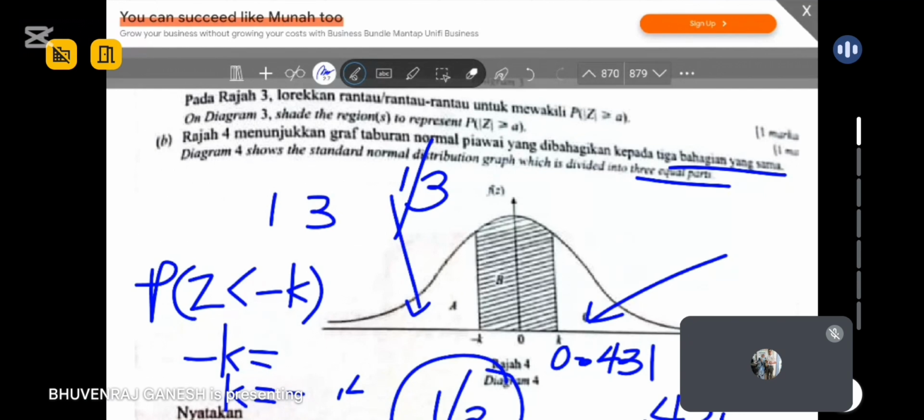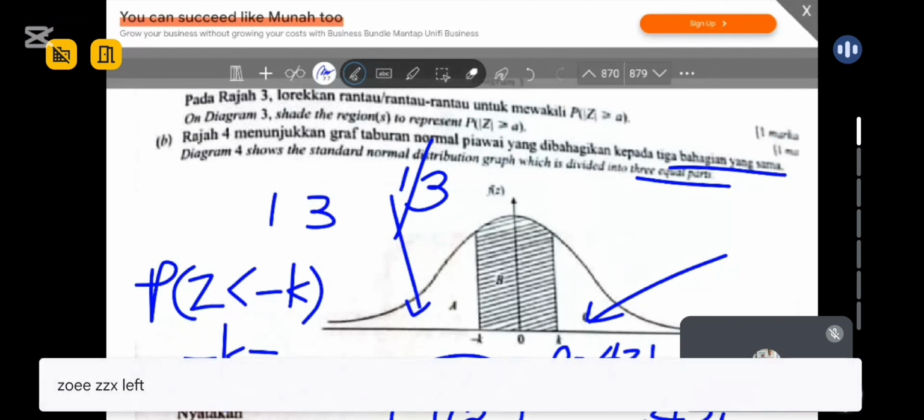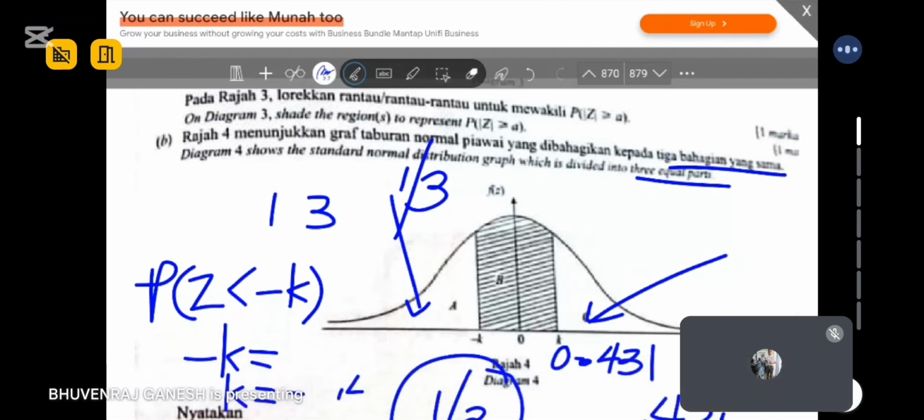So what Z-score gives the probability 1/3? Negative K, or negative 0.431, because K is already 0.431 based on your part 1 answer.